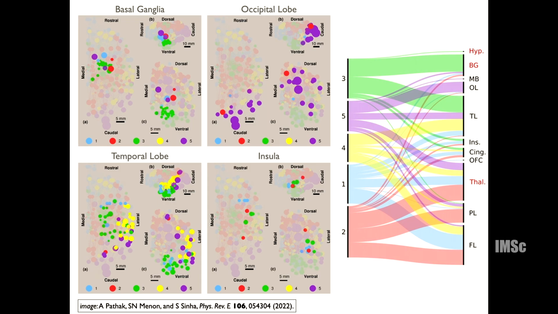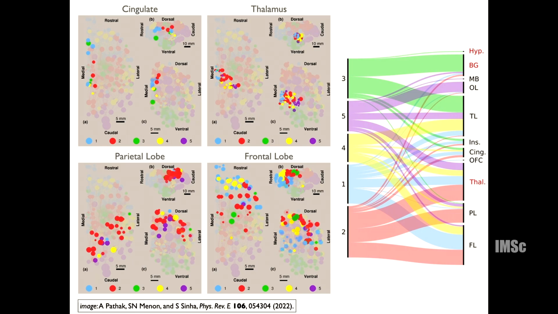Now already, by the way, that's giving you an indication of what module 5 might be doing. The temporal lobe is a bit of 3, a bit of 5, and a bit of 4, actually quite a lot of 4, and so on. One can do the same thing for other regions. For example, let's look at the thalamus. It's a much more localized region, so it's a bit harder to see here, but it's got a fair split of the different types of modules, basically 5, 4, 1, and 2.